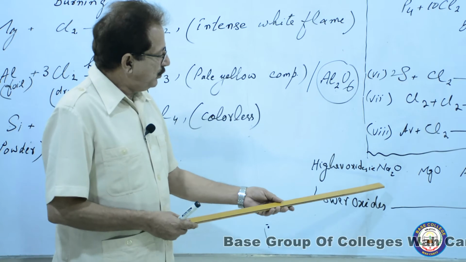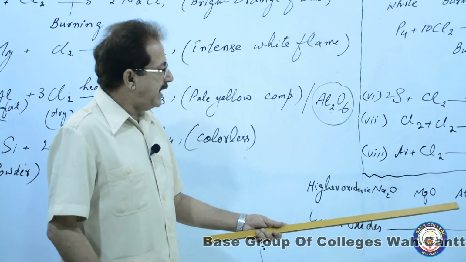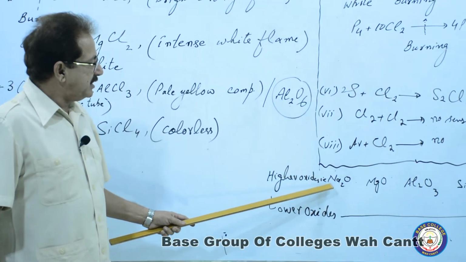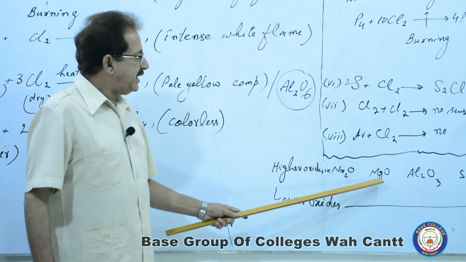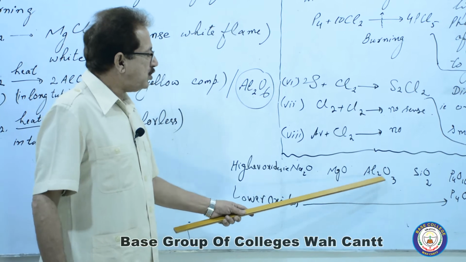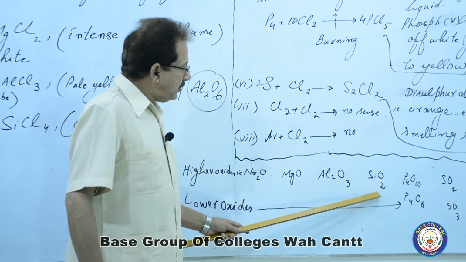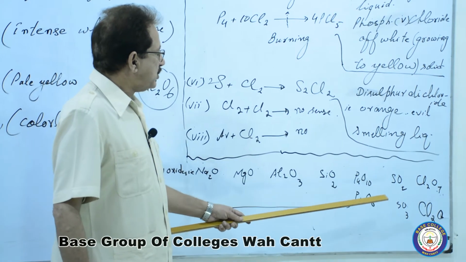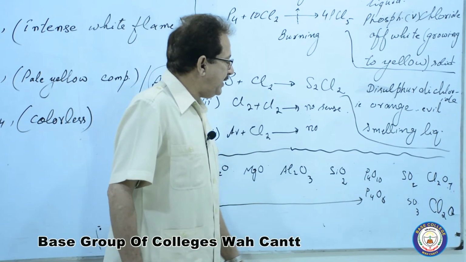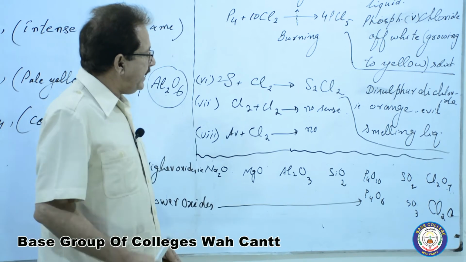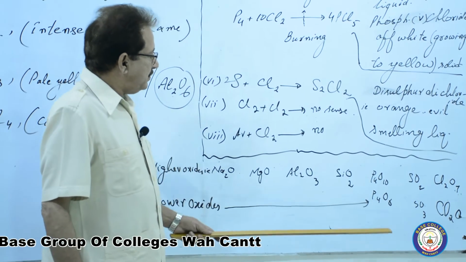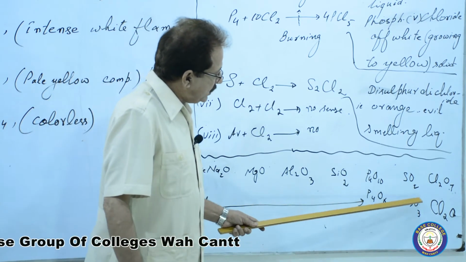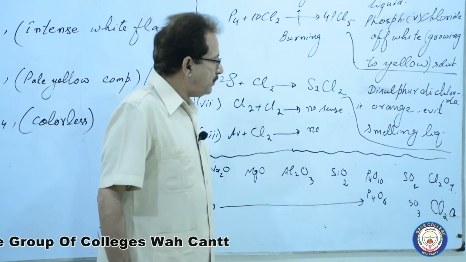Here you can see the oxides of the 3rd period elements: sodium oxide, magnesium oxide, aluminium oxide, silicon dioxide, phosphorus pentoxide, sulfur dioxide, dichlorine heptoxide, P4O6, SO3, Cl2O.